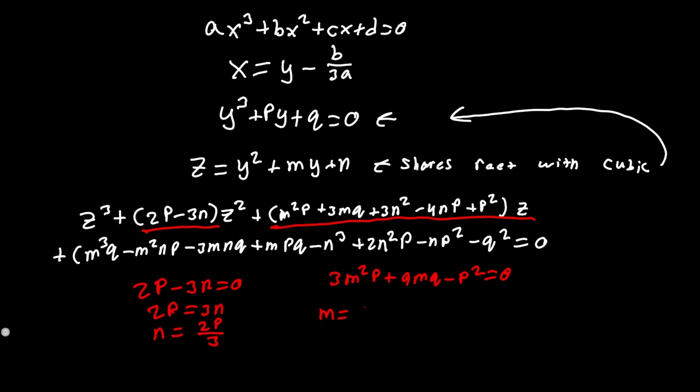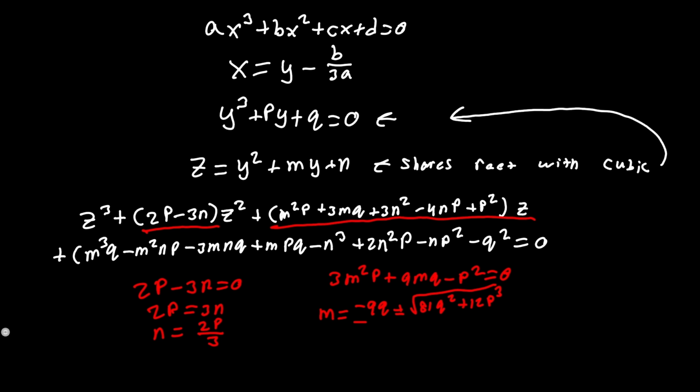So m is equal to negative 9q plus or minus the square root of 81q squared minus or plus 12p squared. And since it's multiplied by p, it's going to be p cubed instead of squared.